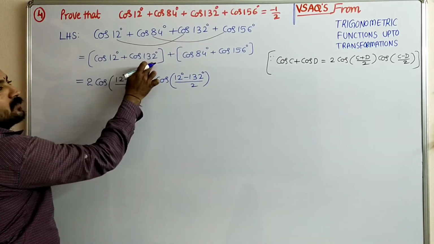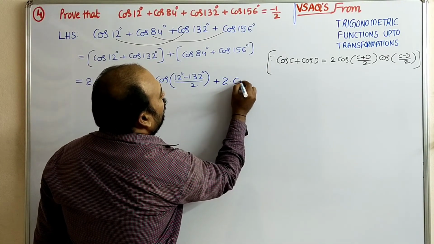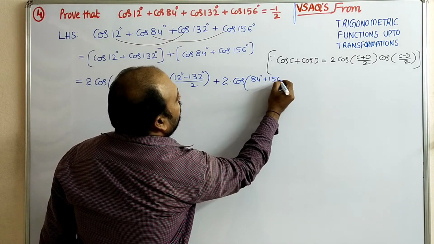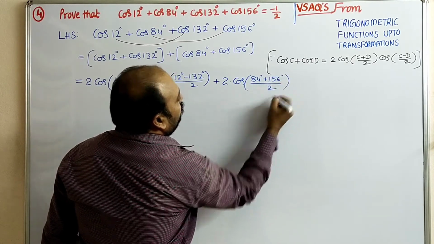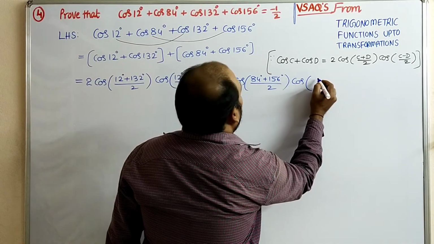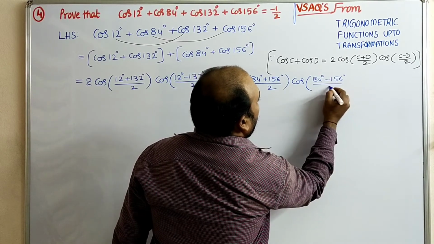The first bracket value is over, plus 2 into cos of (84 plus 156) divided by 2, cos of (84 minus 156) divided by 2.